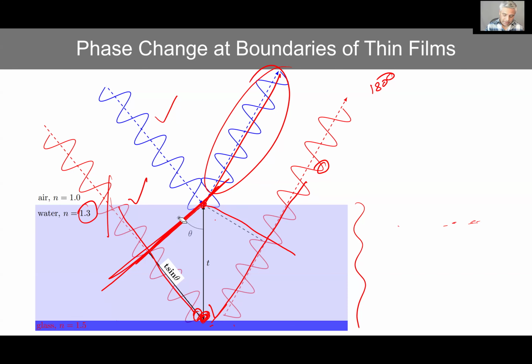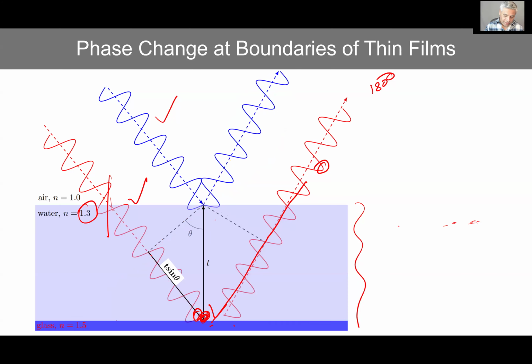That path difference is equal to this plus that. If this angle is theta, this angle becomes theta. Then this side length becomes t sine theta, because it's opposite that angle, with t being the thickness of the film. So we get t sine theta here, and over here we get t sine theta.